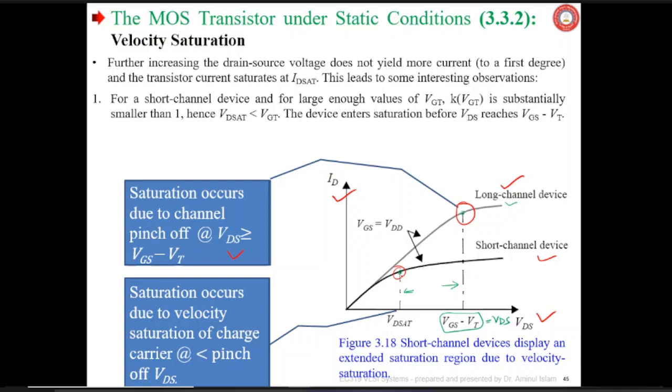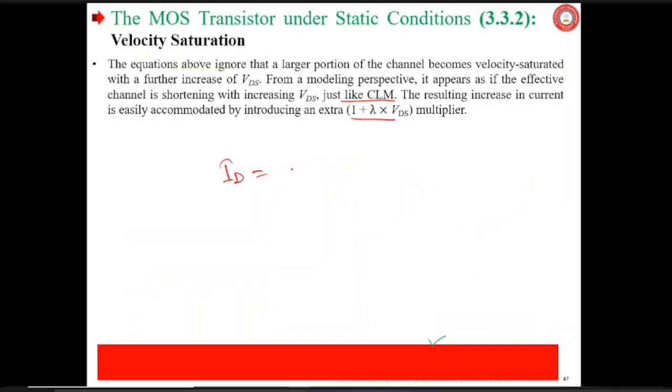This all we have discussed. To capture the CLM, we have to add another term, 1 plus lambda VDS, to the current equation, and we have also written this equation and derived it. That is beta by 2 into (VGS minus VT) whole square into (1 plus lambda VDS) was the equation, where beta equals mu n C ox W by L. This all we have discussed, CLM.